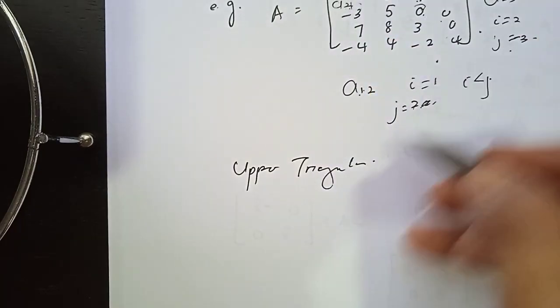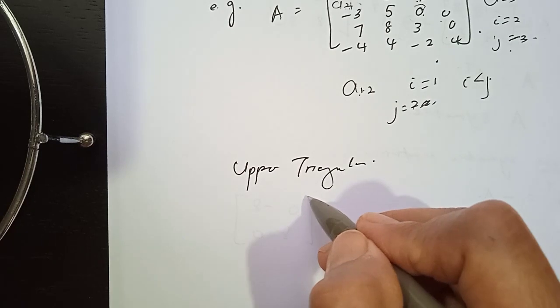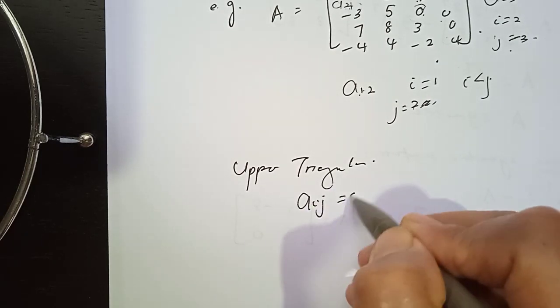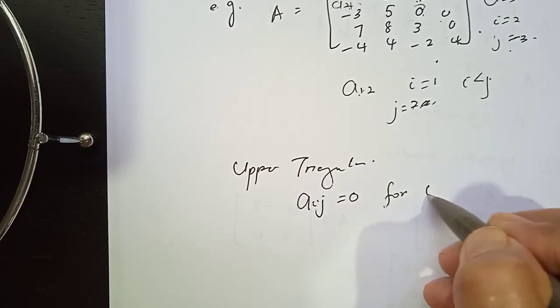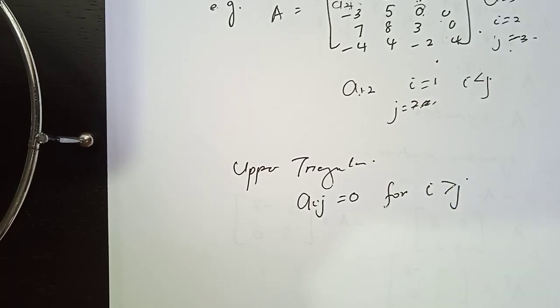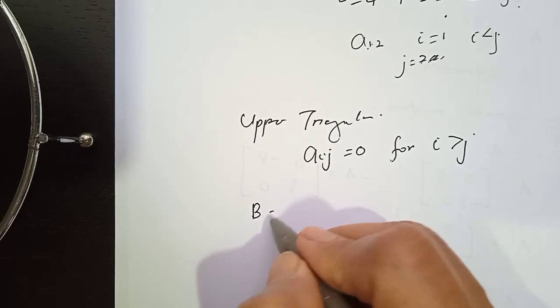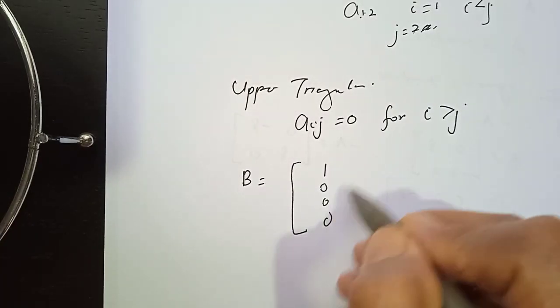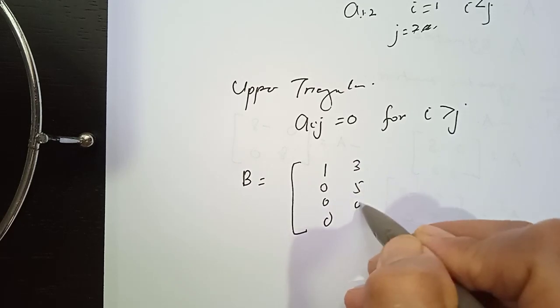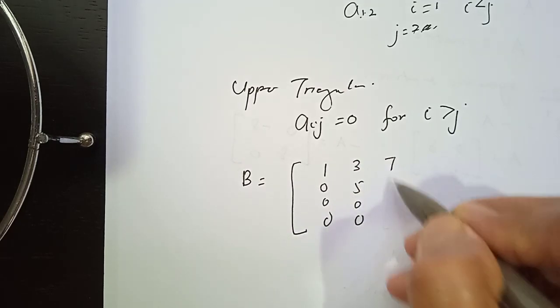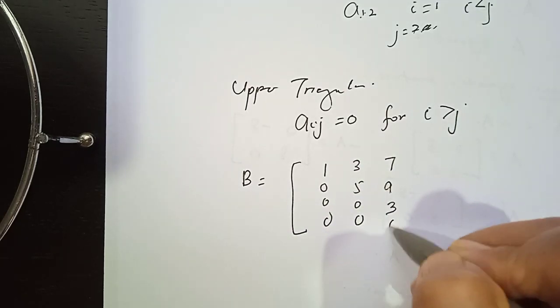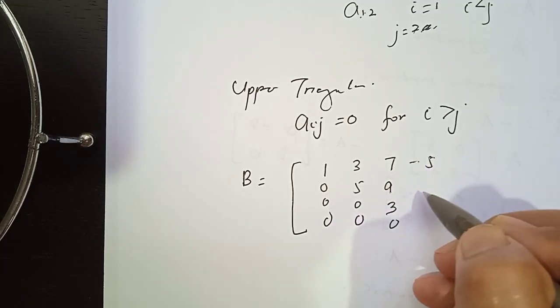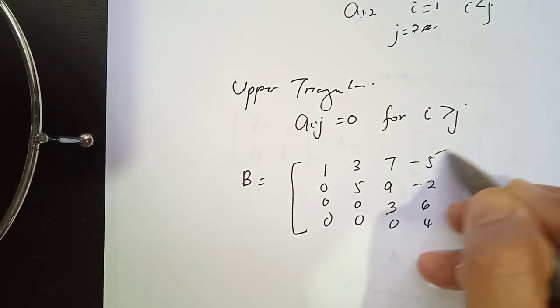Okay, for upper triangular, it is opposite to lower triangular, where aij is 0 for i greater than j. Okay, example. 3, 5, 0, 0, 7, 9, 3, 0, -5, -2, 6, 4.